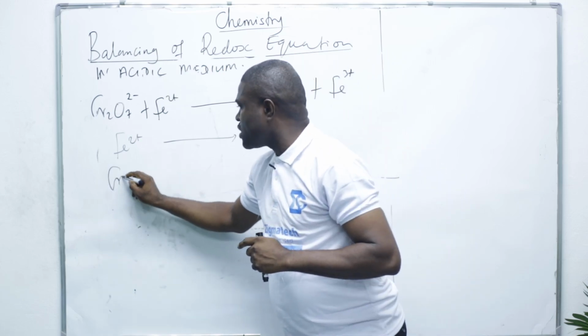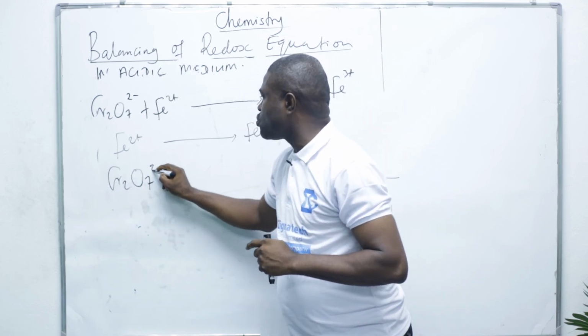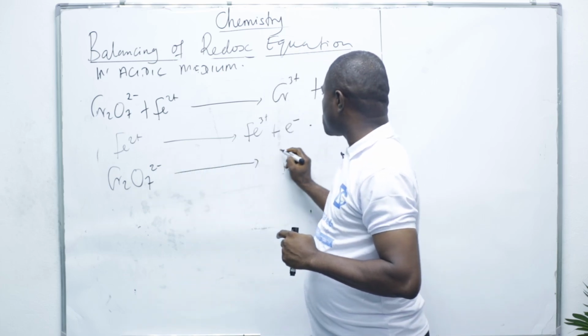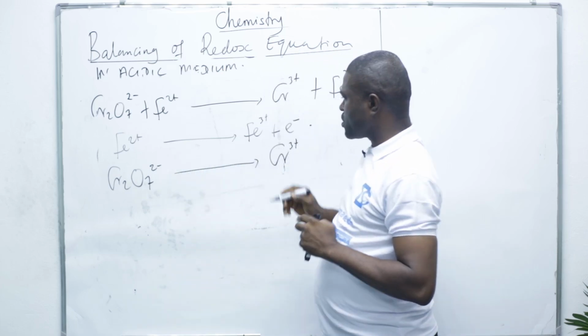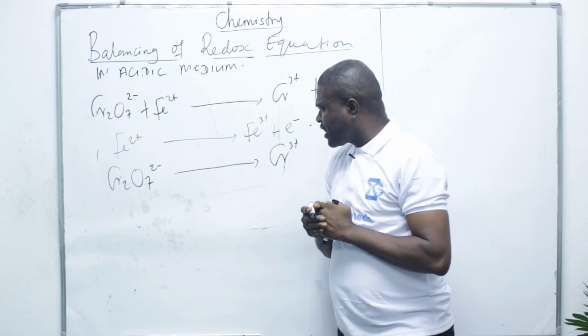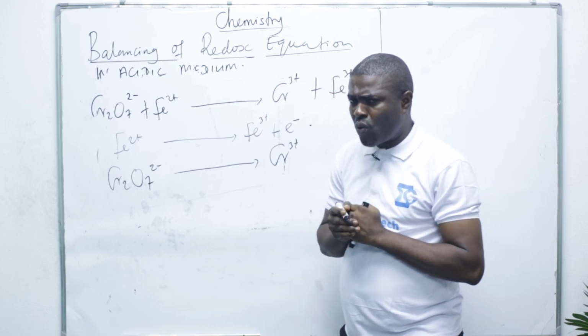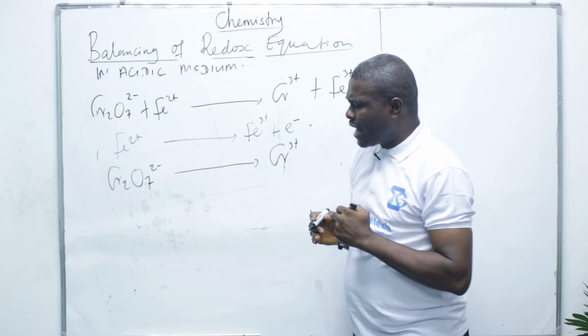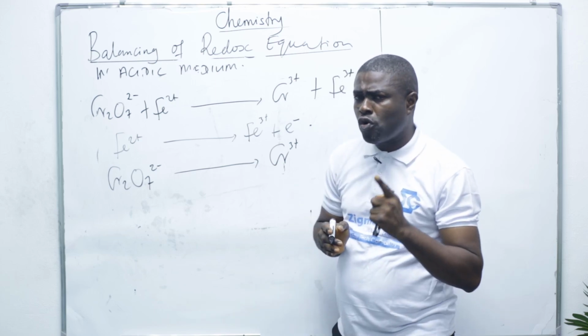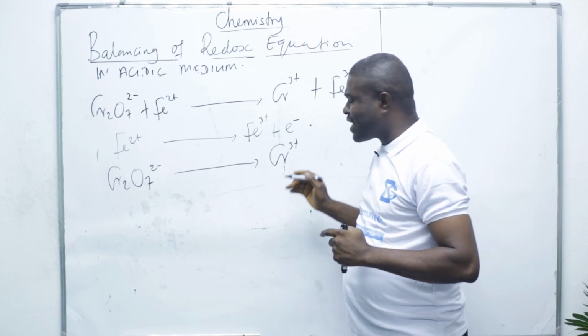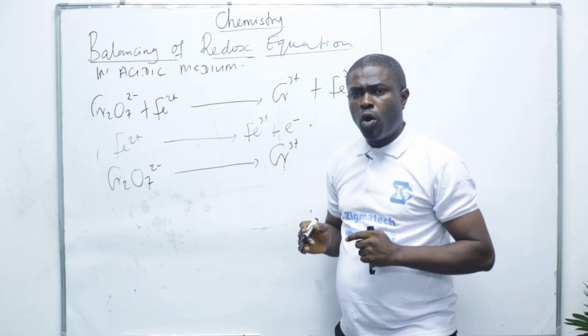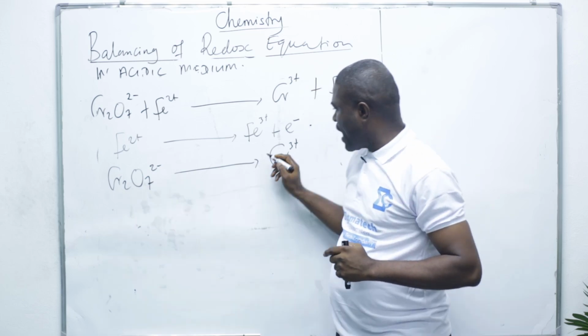I will now move to the reduction half equation. Quickly, let's go. Cr2O7 2 minus going to Cr3+. In terms of atoms, watch critically. This one is a bit different. At my left hand side, I have 2 atoms of chromium, but at my right hand side, I have just 1 atom of chromium. What do I do? This 2 will now appear here.